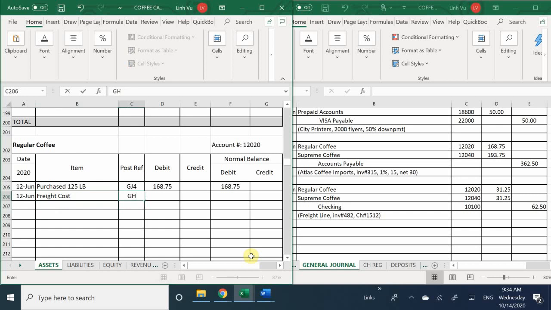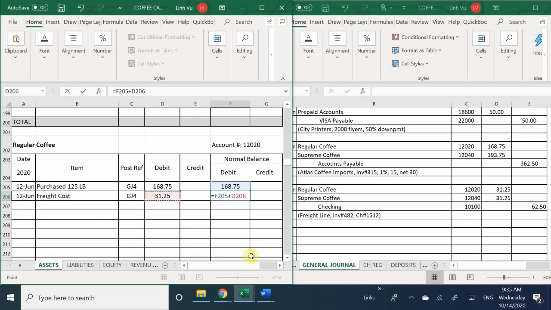Because at the end of the day, what am I going to do? I'm going to add them together. So it was for the amount of $31.25. This is where I'm going to add my inventory amounts together. So here I'm going to go up one because I'm taking my previous balance.